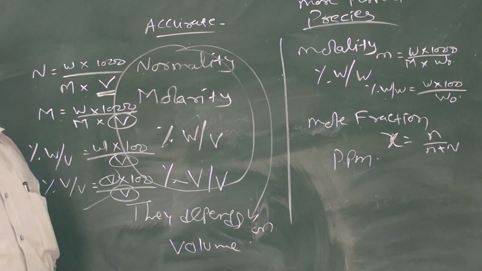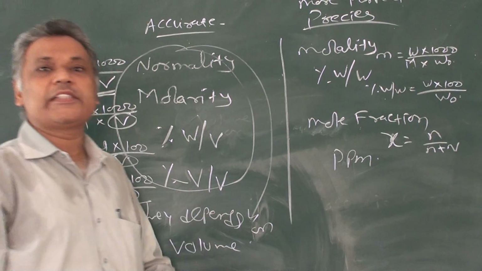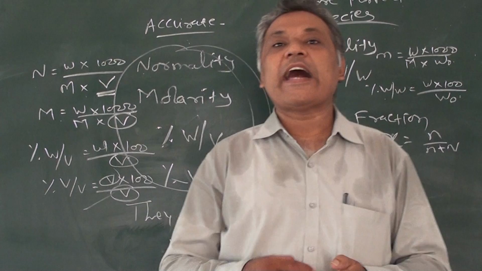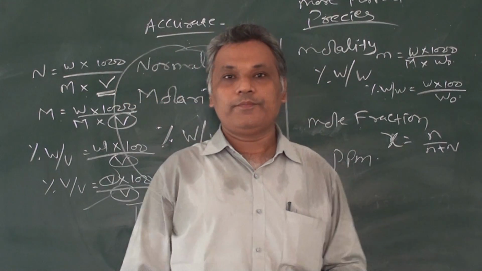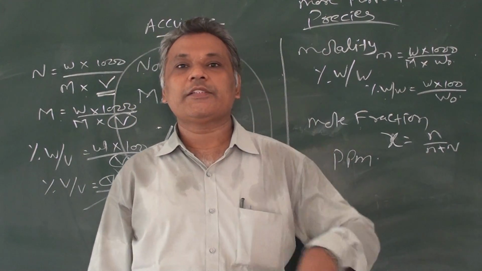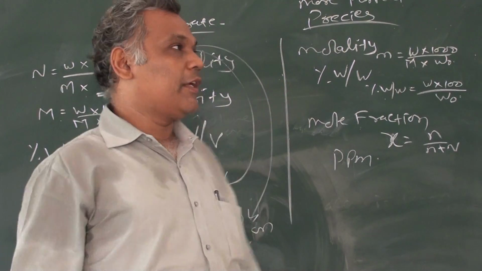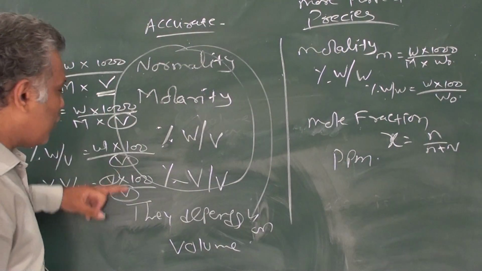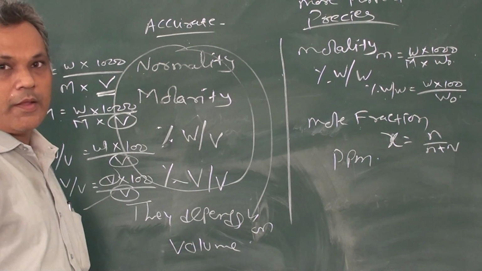Now why is volume being considered over here? In 11th we studied that volume is directly proportional to the temperature according to Charles law. Volume changes, temperature changes. Volume increases, temperature increases, or we can say temperature decreases, volume decreases. So here the volume is going to be affected by temperature.